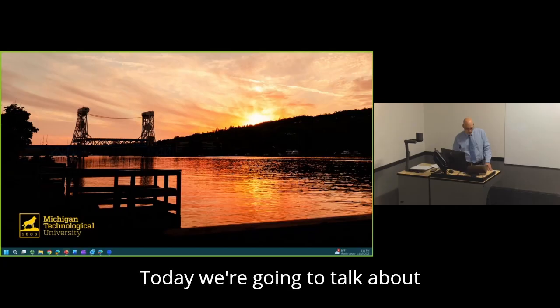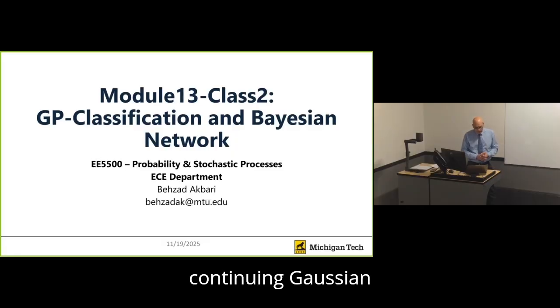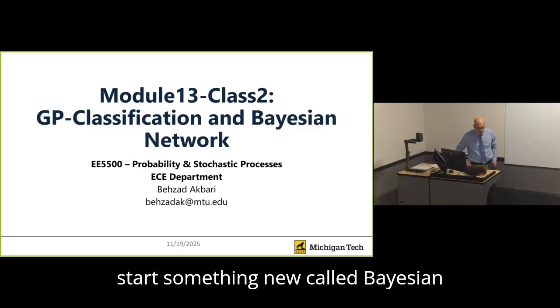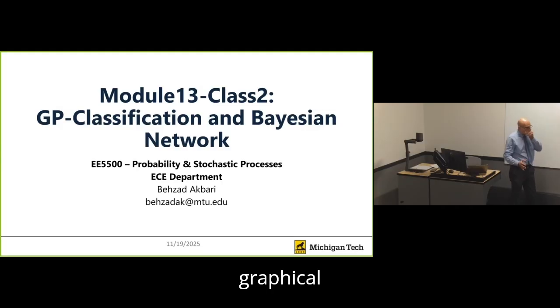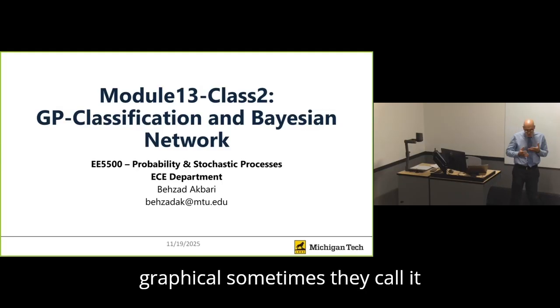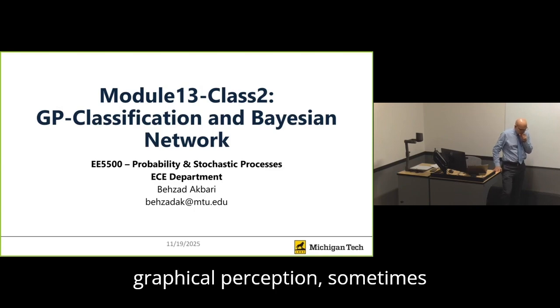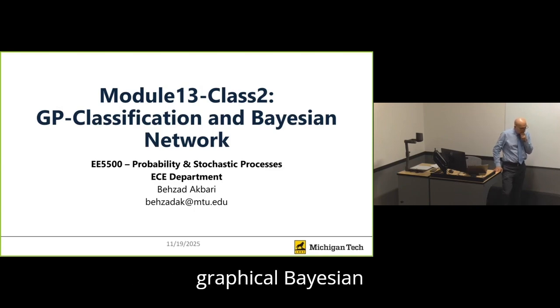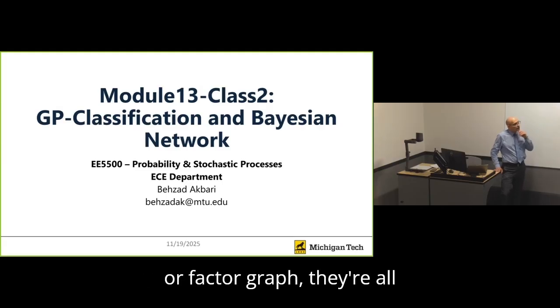Today we're going to talk about continuing Gaussian process and also start something new called Bayesian networks, or in general graphical Bayesian methods, graphical Bayes nets or factor graph.